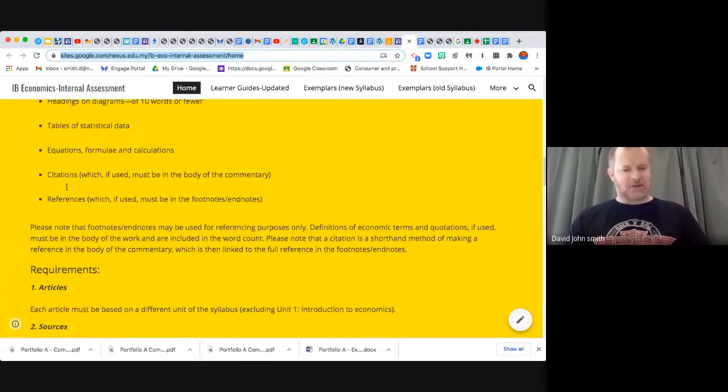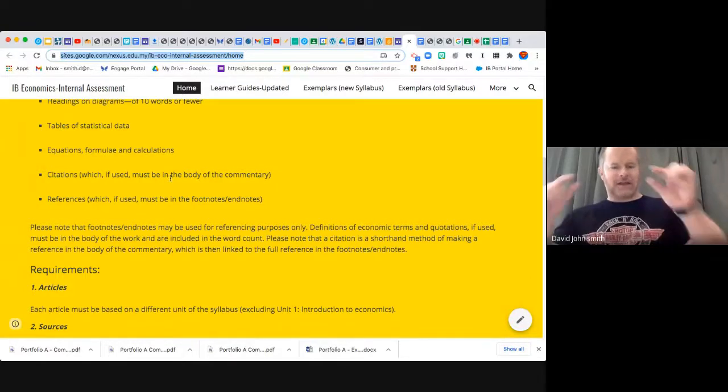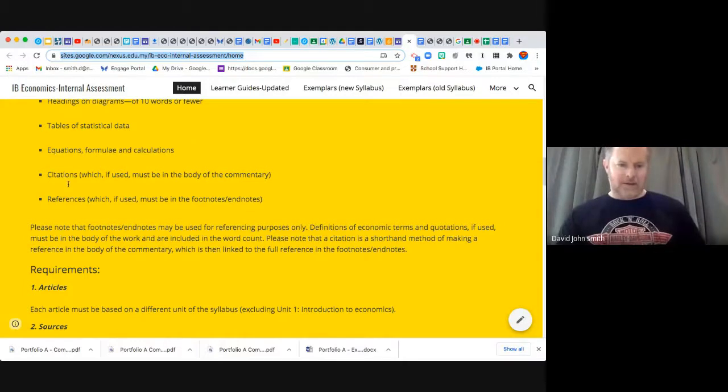Citations, now that's a bit tricky. Okay, you've got to be a bit careful with that. But if you're citing something inside your commentary, then that's not counted. And references. So if you're referencing any other materials, then that's not counted in your word count, but it has to be in footnotes or endnotes.